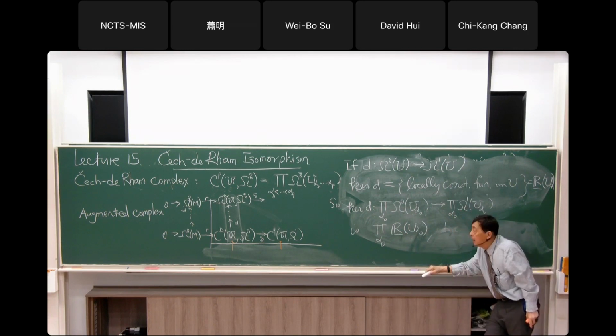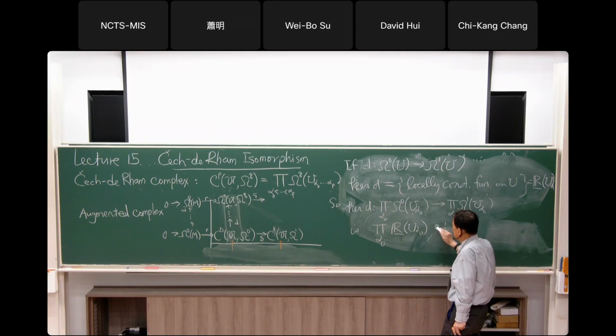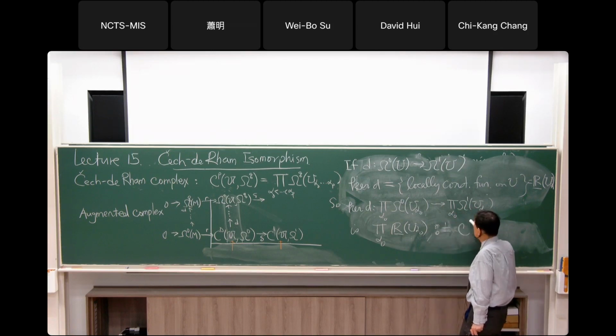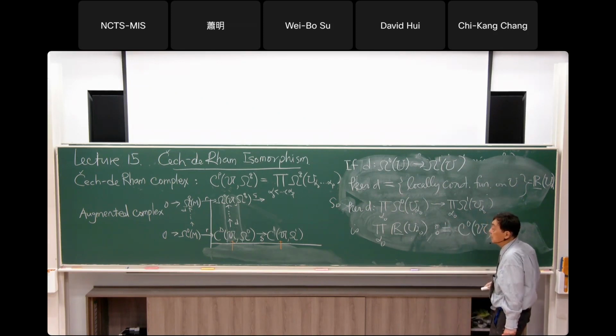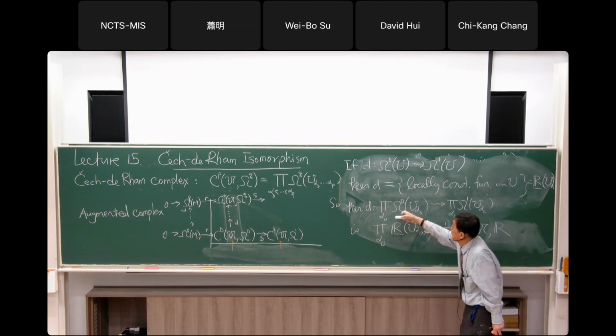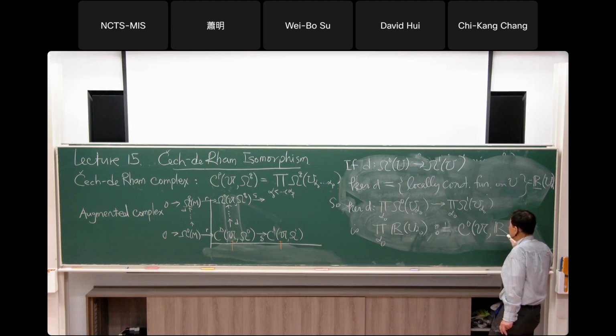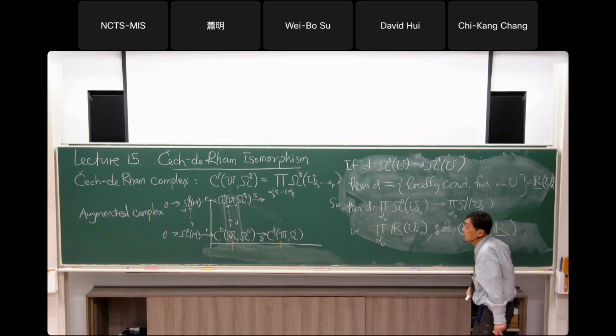And this I will call C0 of the open cover U, with R bar instead of forms. R bar means locally constant functions.